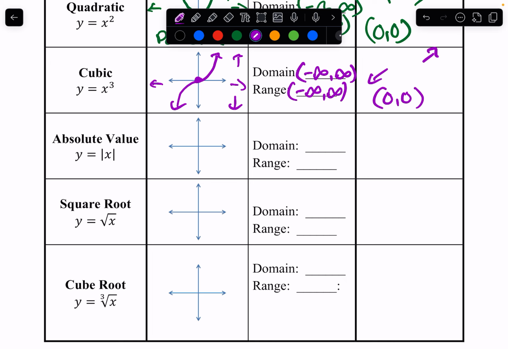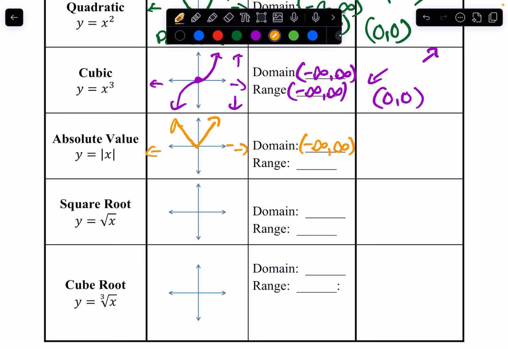Okay, next one is the absolute value, y equals absolute value of x. And that one is a V shape, like this right here. So our domain is still going from negative infinity to infinity.